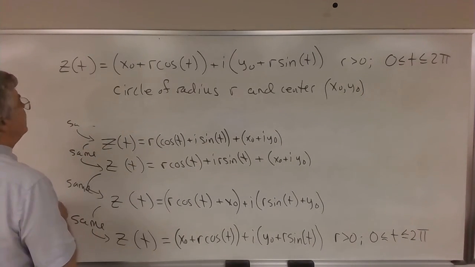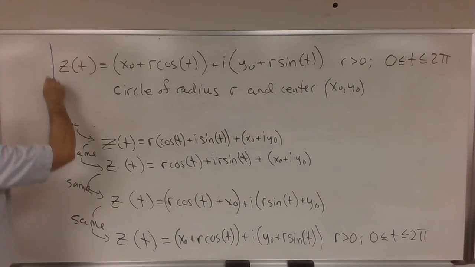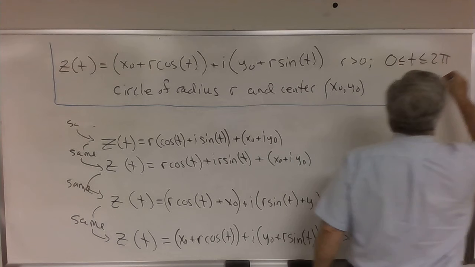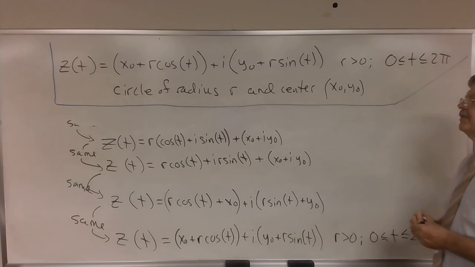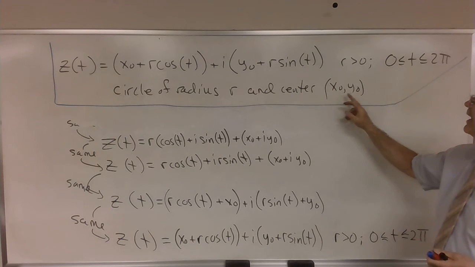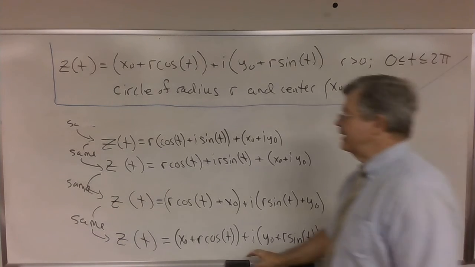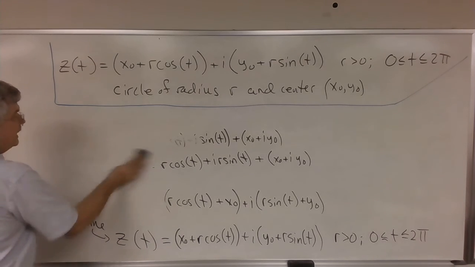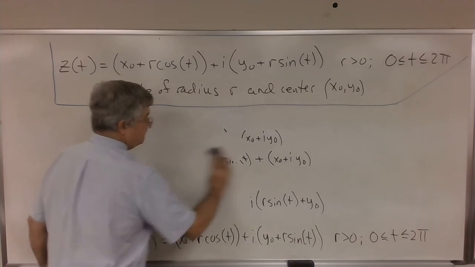So here's the parameterized version of a closed curve that goes along the perimeter of the circle of radius r and center (x naught, y naught). And what happens when r equals 1?